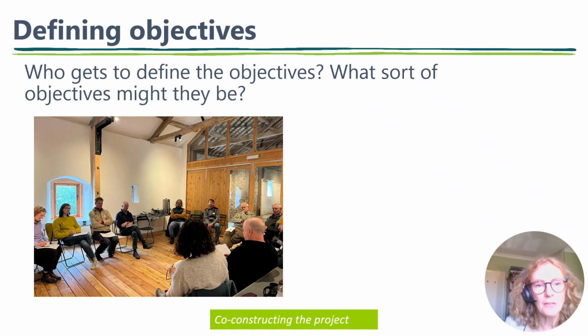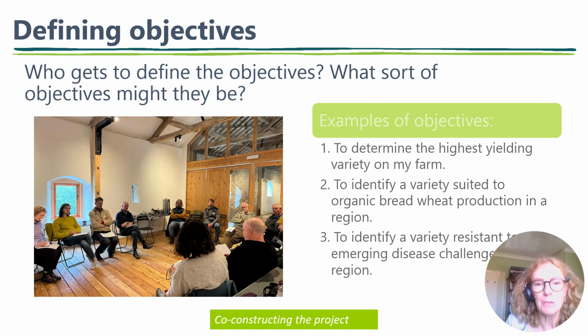So who gets to define the objectives, and what sort of objectives might they be? This is where we get into this area of what we sometimes call co-design. Here we're calling it co-constructing the project, where we might get together with a group of stakeholders or actors. Sometimes we use that term. People that have an interest in the product, in the value chain, and not just the farmers. In the case of cultivar evaluation, that's not just the farmers, but people all the way along the value chain.